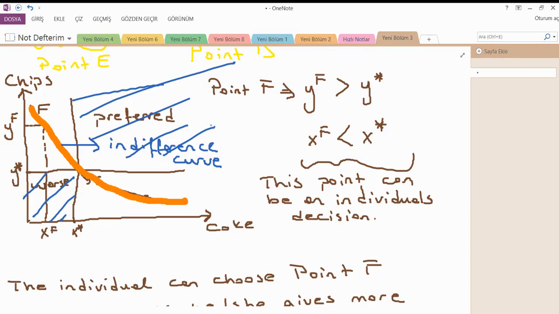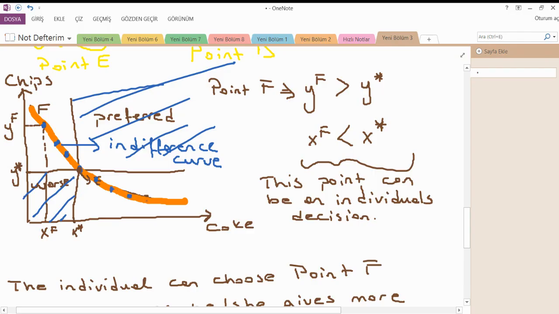Giving more utility. But on indifference curve, we are only changing the quantities of goods, increasing one and decreasing the other. There's a trade-off, but all of the points are giving us the same utility. So here on point F, the utility level of point F is the same as the utility level of this point, and also this point.